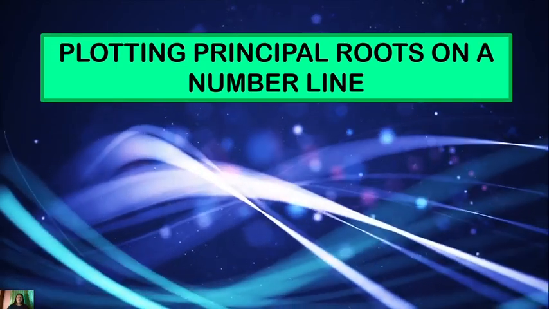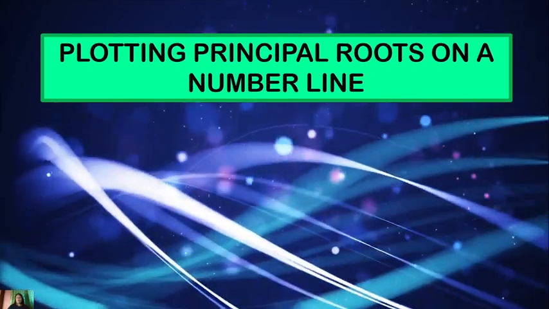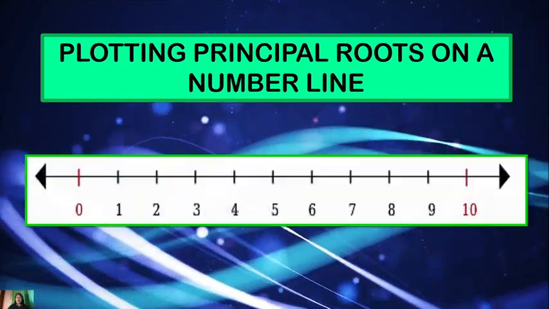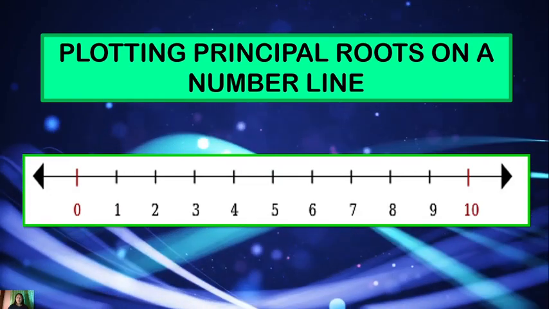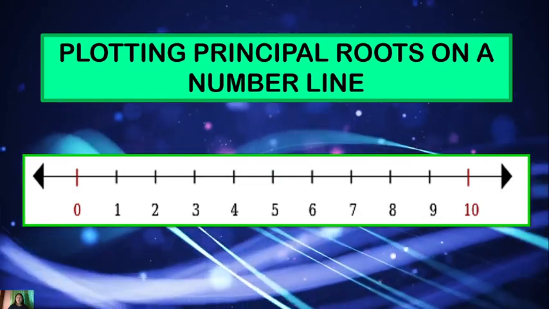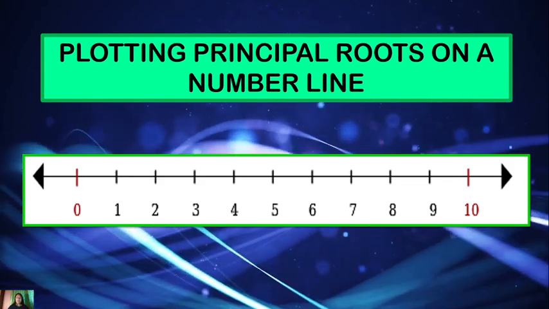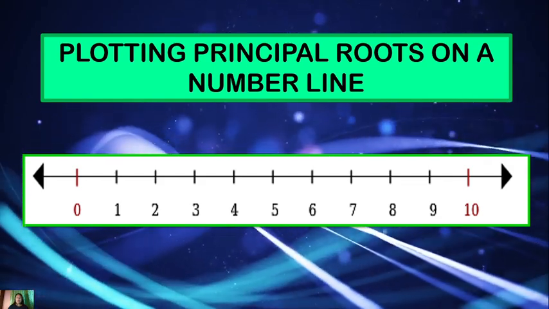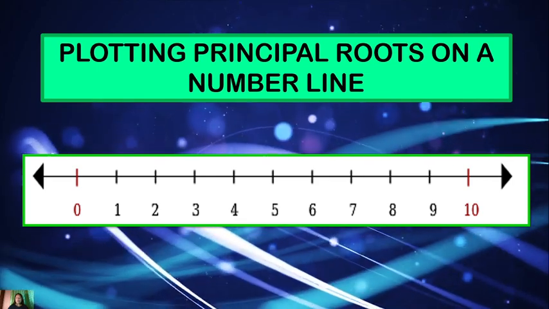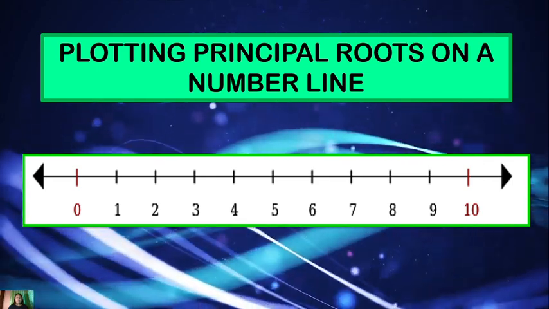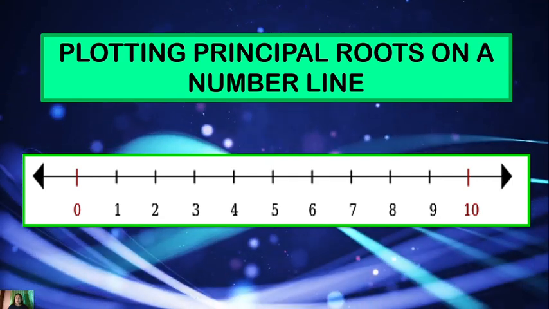Next. How are we going to plot principal roots on a number line? Okay. So, ito yung number line natin. Take note that in our previous lesson, kapag number line, ni-introduce ko sa inyo yung integers, meron tayong negative numbers, 0, and positive numbers, right?